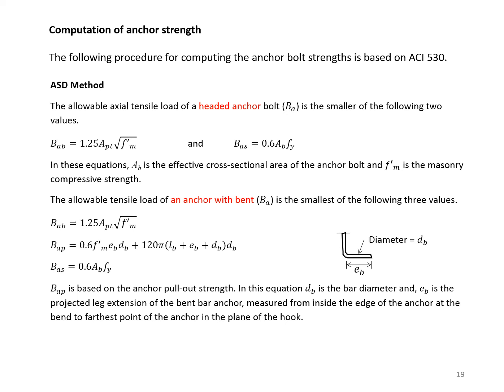BAP is based on the anchor pull-out strength. That's the middle equation. In this equation, dB is the bar diameter and EB is the projected leg extension of the bent bar anchor, measured from the inside edge of the anchor at the bend to the farthest point of the anchor in the plane of the hook. Please take a look at the detail shown to the right.